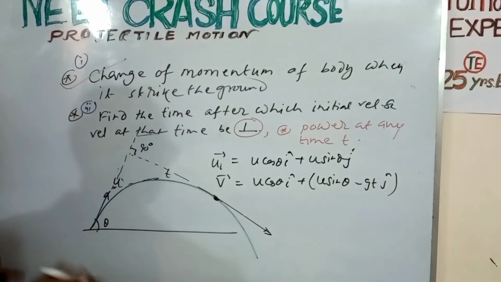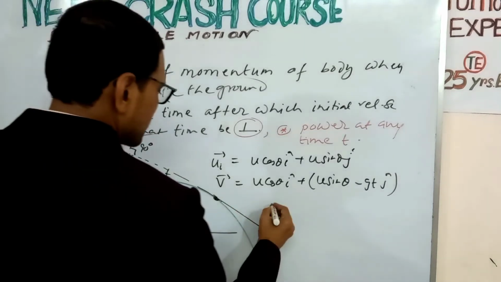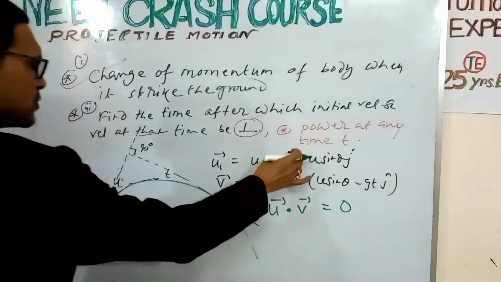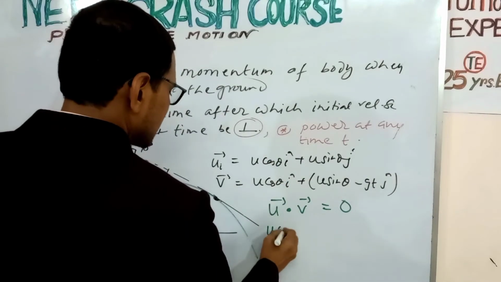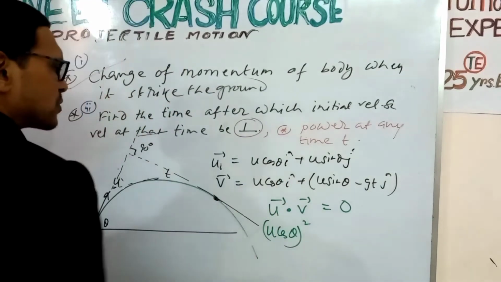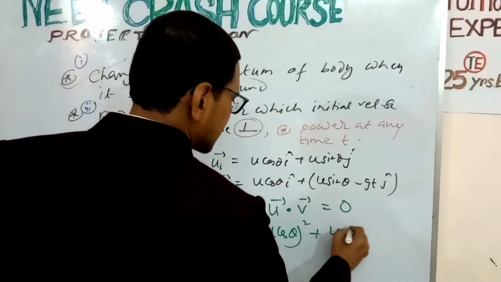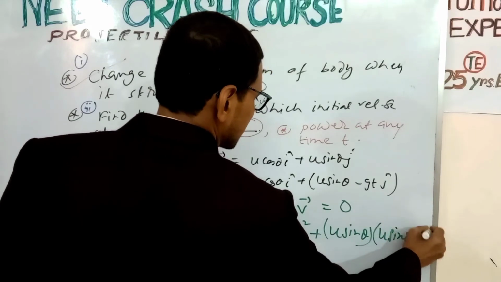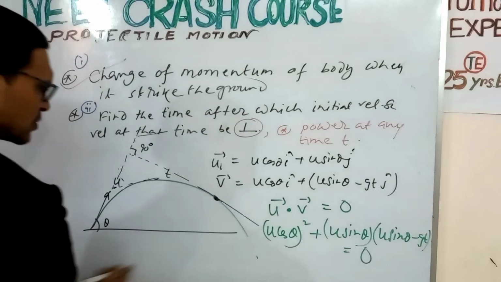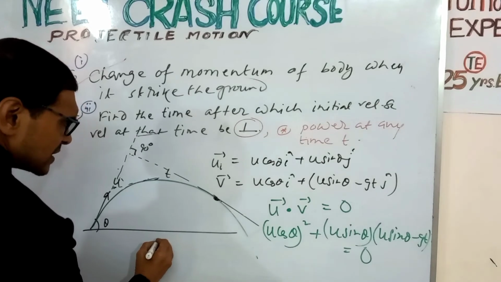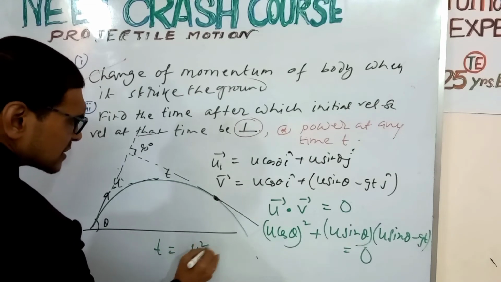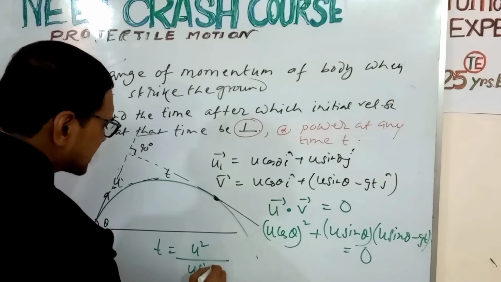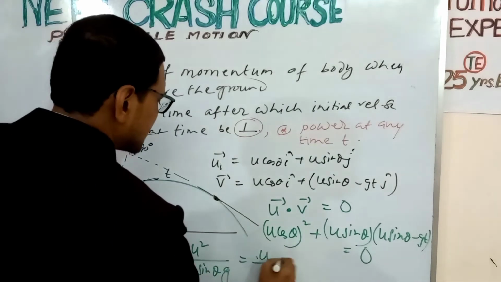So the two velocities will be perpendicular, so we use the vector formula u dot v equal to 0. If we apply the dot product, this into this, plus this into this, equal to 0, so we can write t equal to u square by u sin theta g, that is u by g sin theta.